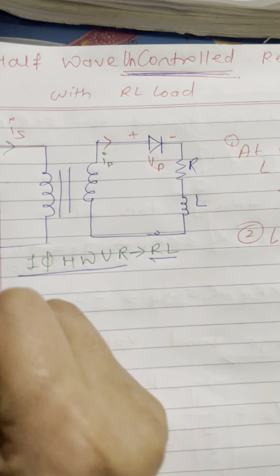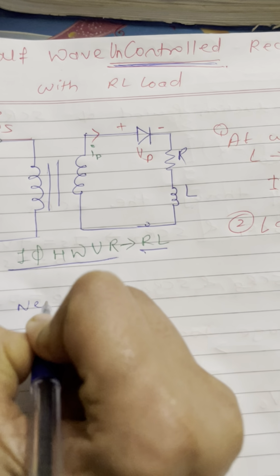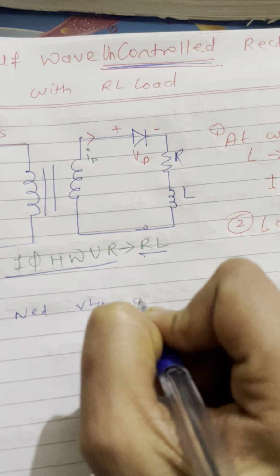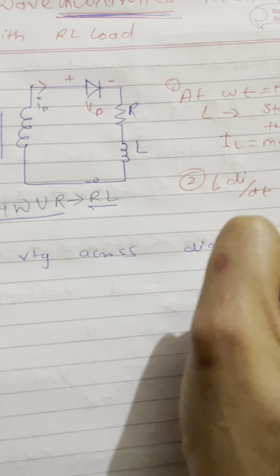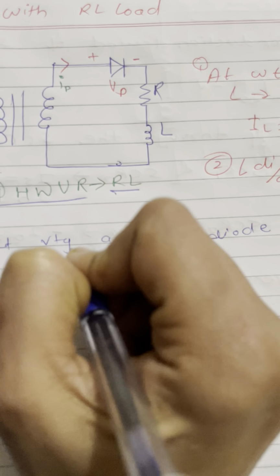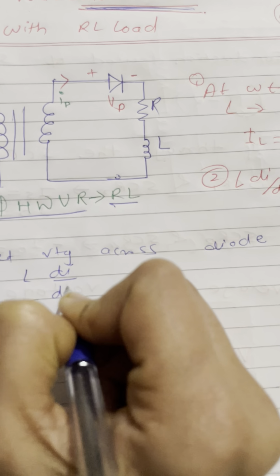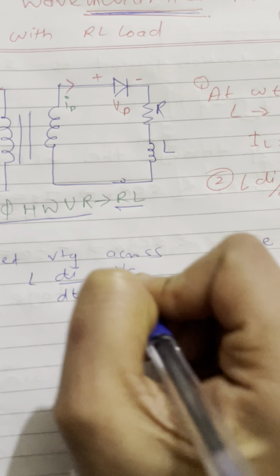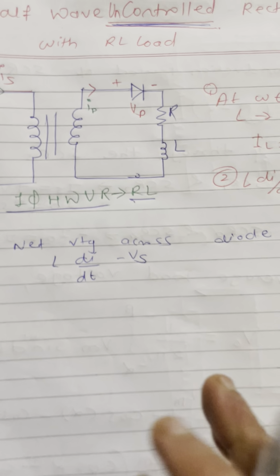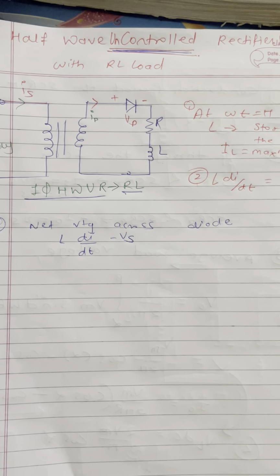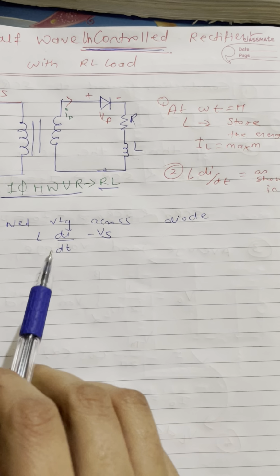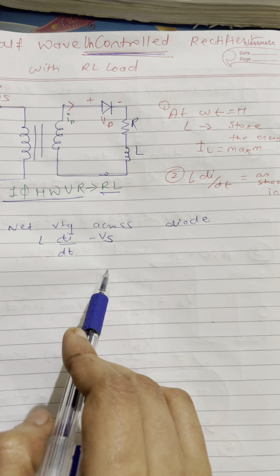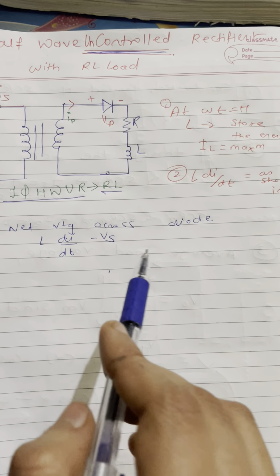The net voltage across the diode is L di by dt minus Vs. So the diode D is forward biased and keeps conducting, so the diode D conducts after pi even if Vs is negative.